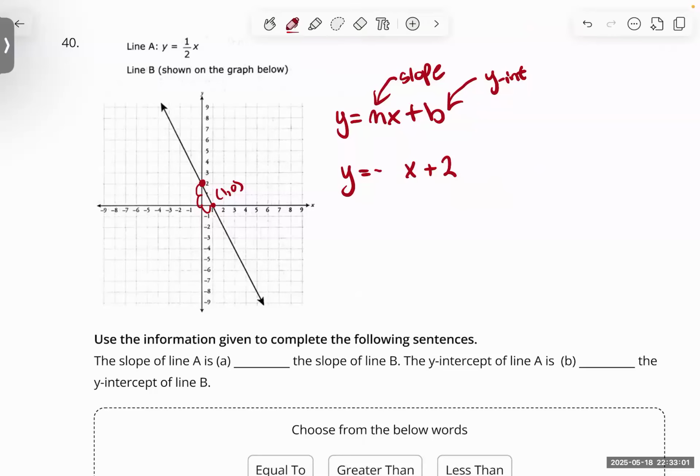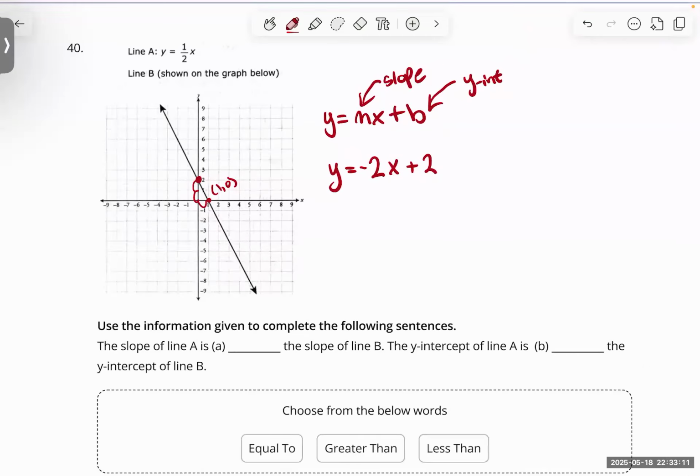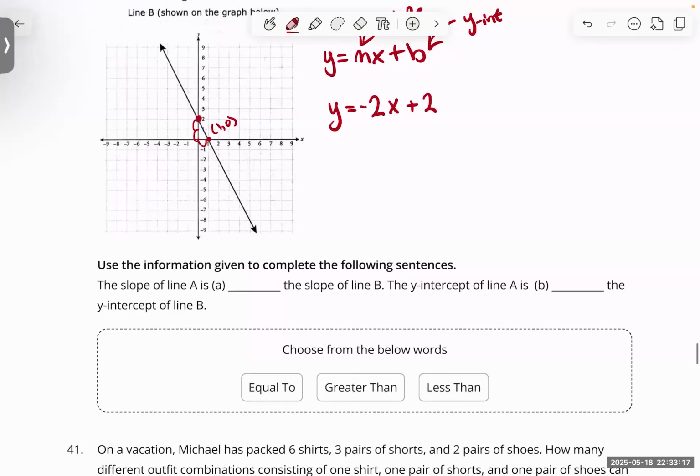I went down 2 and to the right 1, meaning it's 2 over 1 or just 2. Y equals -2x plus 2. So my slope is -2. So the slope of line A is clearly greater than the slope of line B because 1/2 is bigger than -2. Greater than.